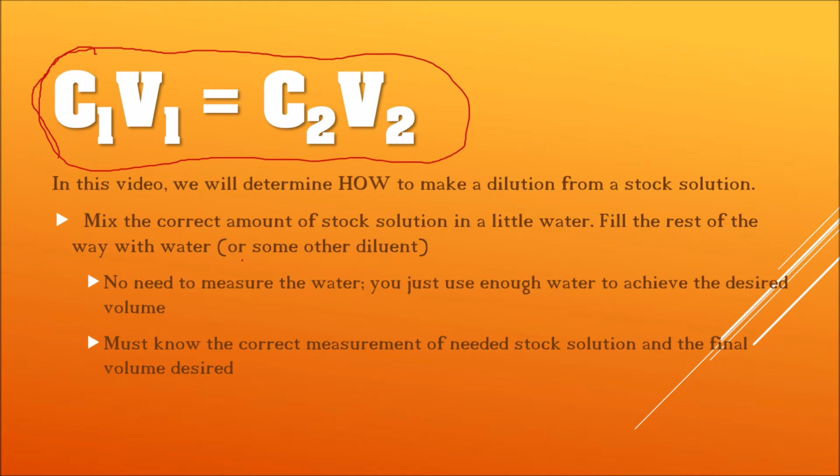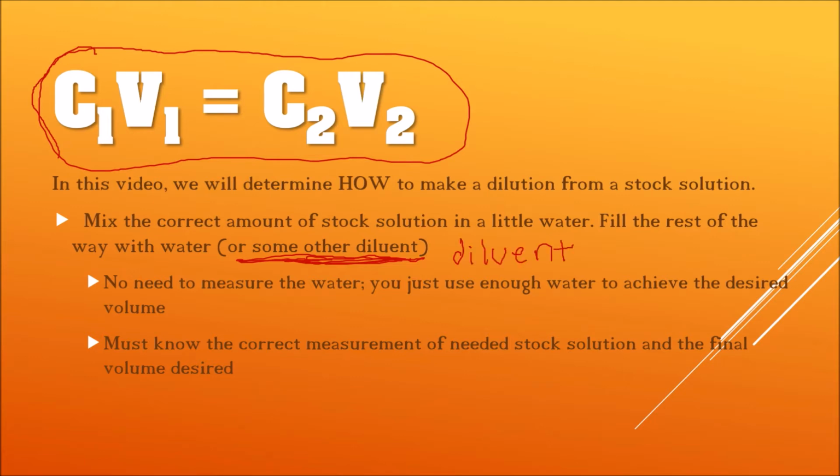When I say water, there are some other diluents you can use. We use water in these examples because it is the most used when we make solutions in the chemistry lab. So I just say water, but the technical term for what you mix in is a diluent.